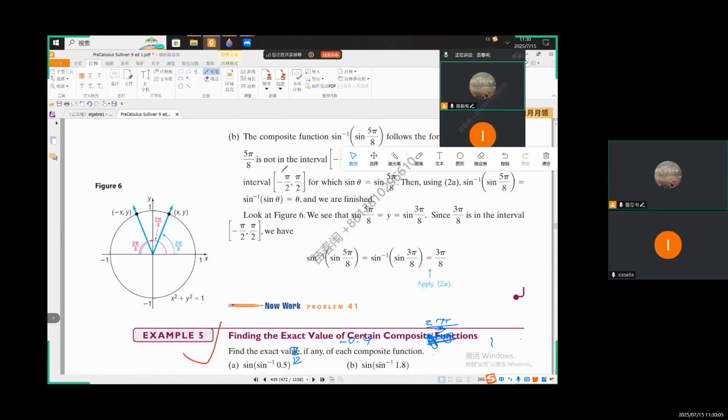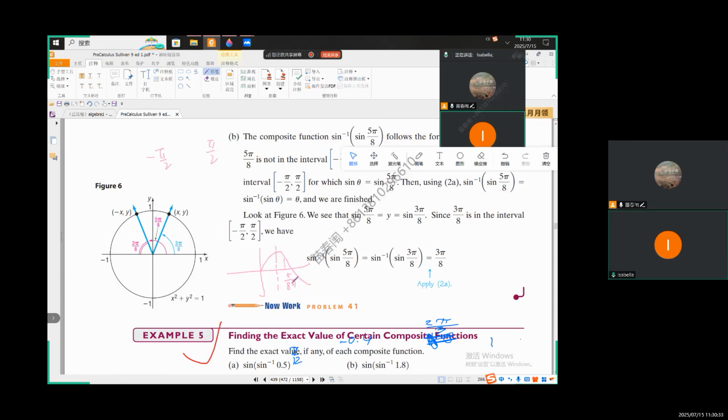Because our domain is negative pi over 2 to pi over 2, right? So with sine we find the one that's closest within the domain. Let me think. If it was a counterpart, it wouldn't work either.